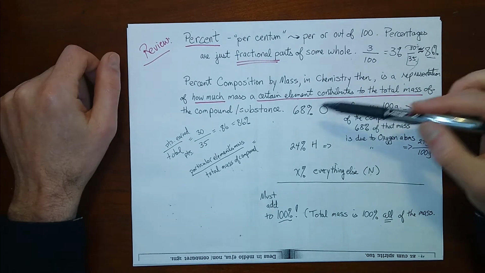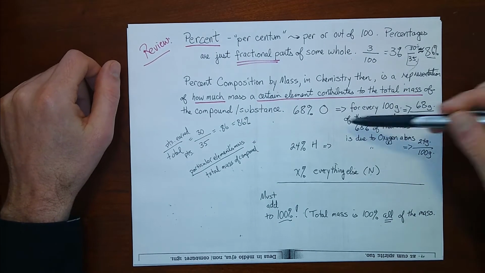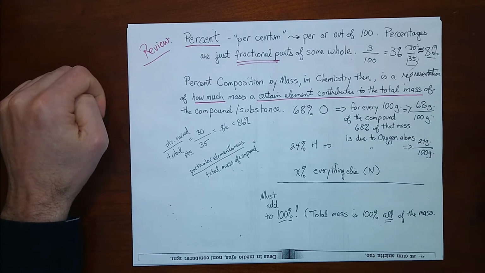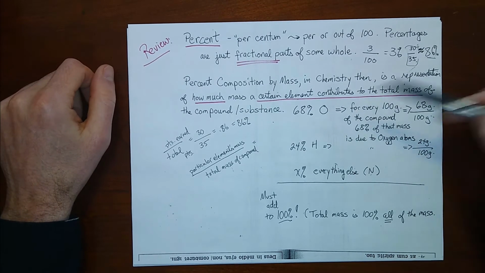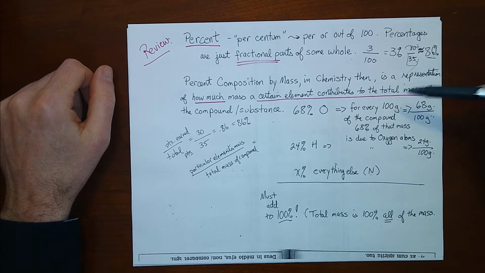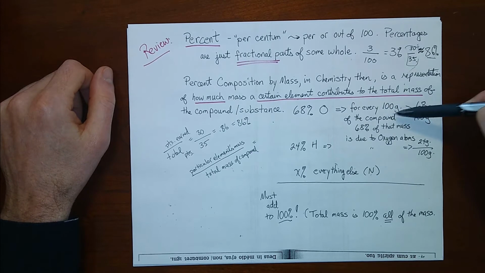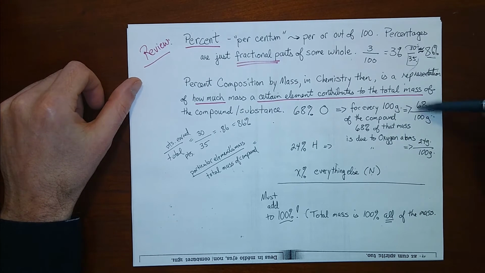So for example, if a compound is 68% oxygen by mass, meaning 68% of its mass comes from the oxygen element, then for every 100 grams of that compound that I have, or 100 of any mass unit really, 68 of those are going to be from oxygen.